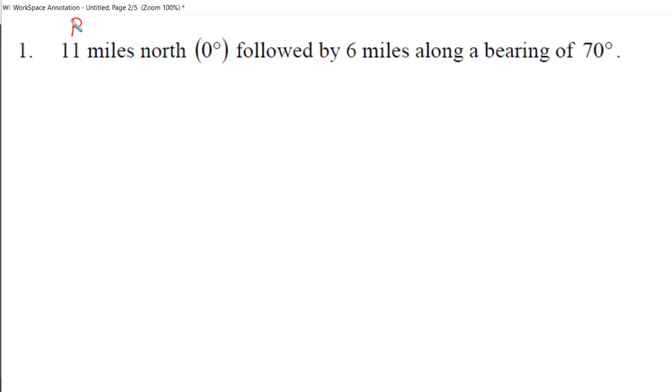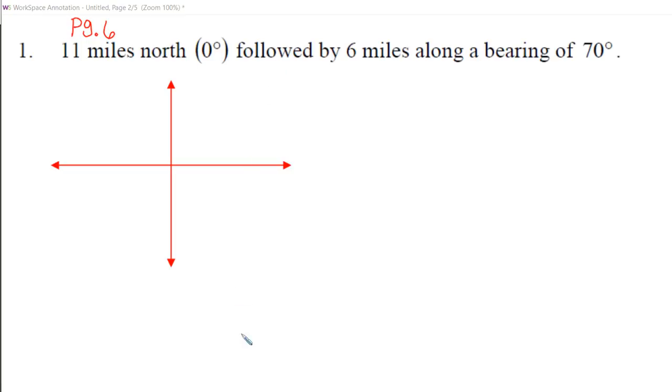We're still on page 6. You may need a separate piece of paper for this one. So let's try to draw what this looks like here. So I'm going to go ahead and draw our little thing. 11 miles north. The north, south, east, west stays the same whether you're in bearing or the normal math mode.